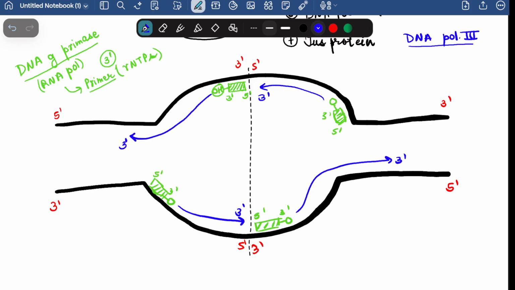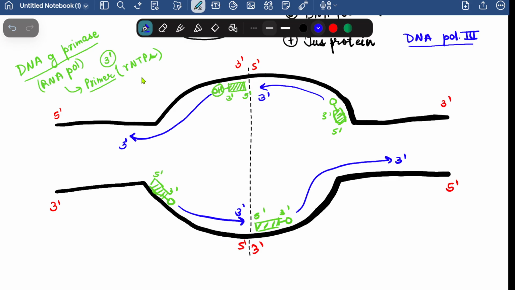This way the blue colored ones show how the DNA polymerase 3 will now work. Now this DNA polymerase 3 has done what? It has synthesized the strands on all the four parts. This DNA polymerase 3 is a very important protein because it recognizes this particular OH part, and only after this OH does it start to add the nucleotides.